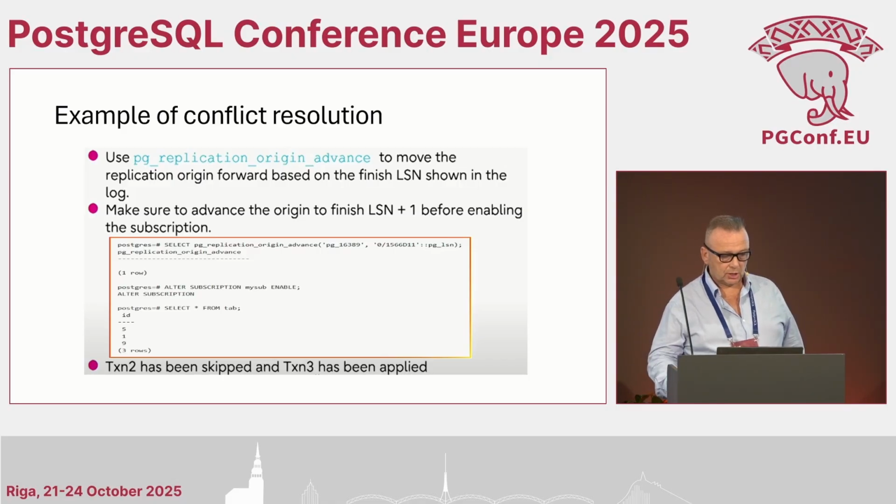Here in this example, we're just using the pg_replication_origin_advance function to move replication forward. And of course, in doing this, once we know the LSN, we have to increment the value of the LSN so that it knows where to resume from.